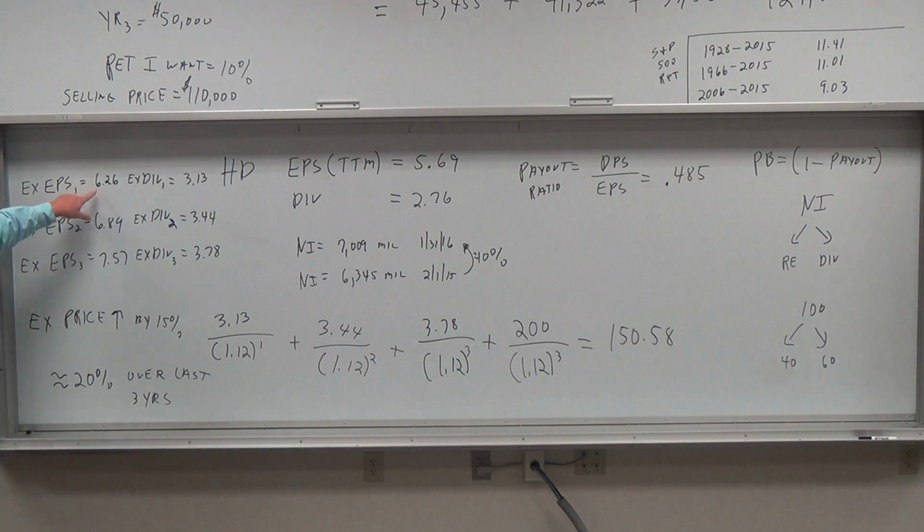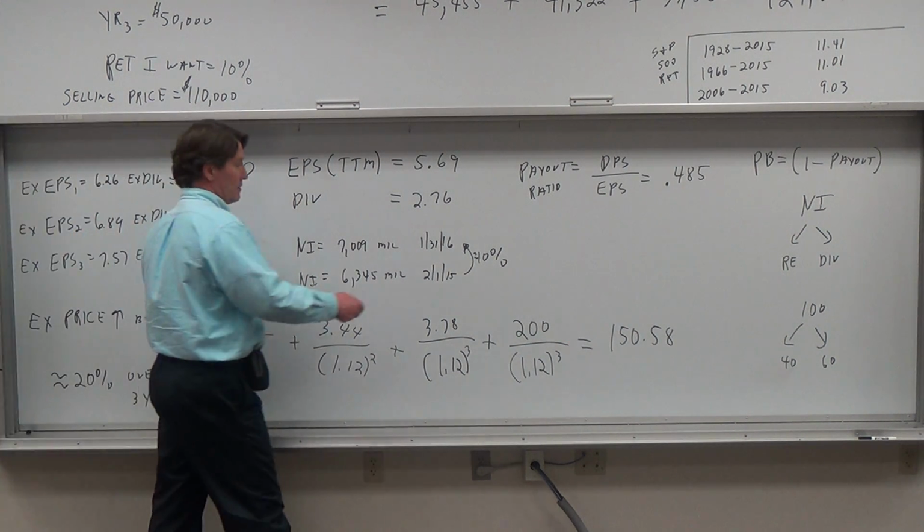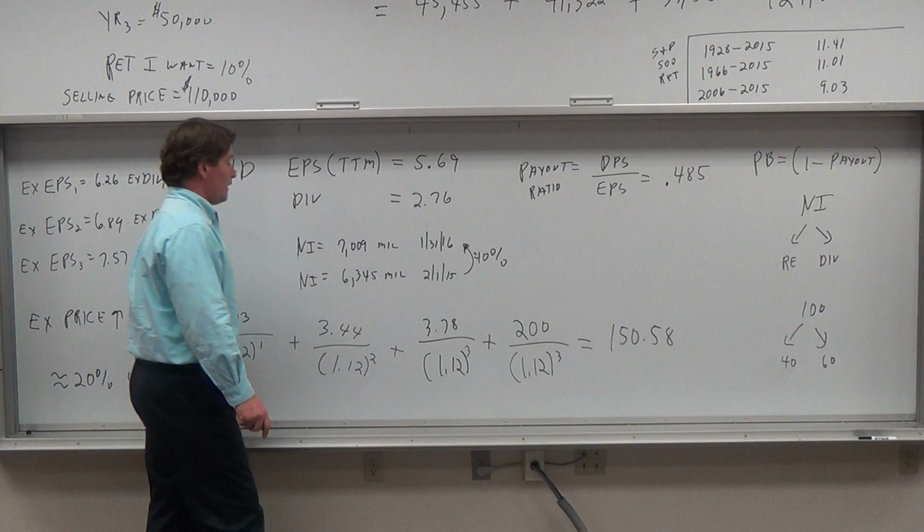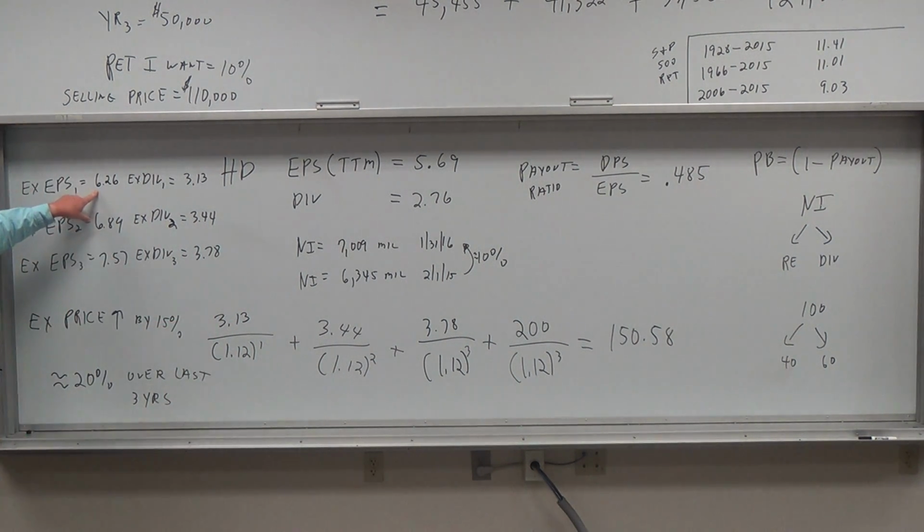And that comes out to $6.26. So I expect earnings per share a year from now to be $6.26. 2 years from now, I expect $6.89. 3 years from now, I expect earnings per share to be $7.57.